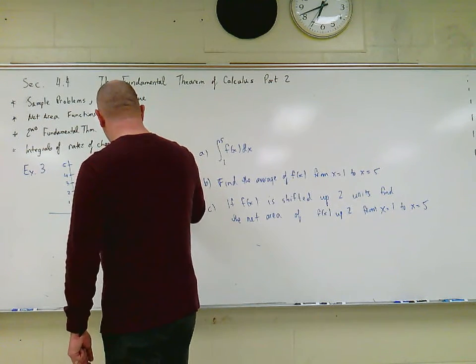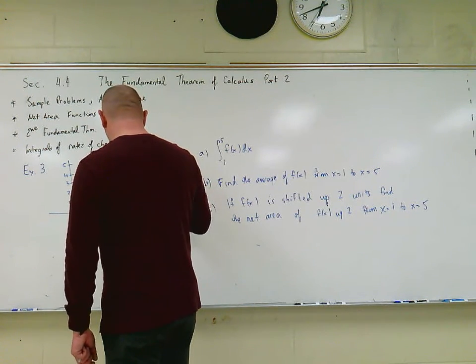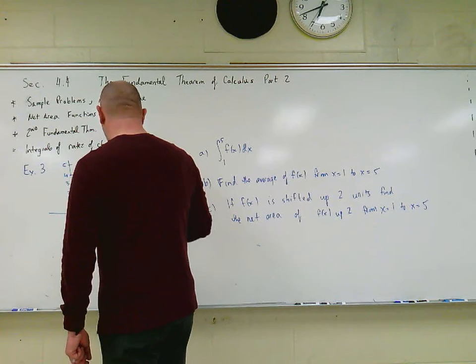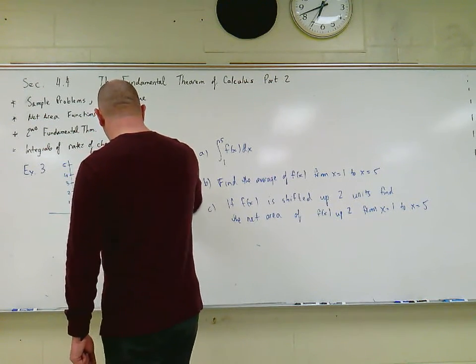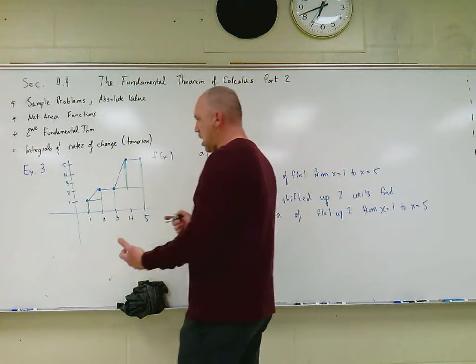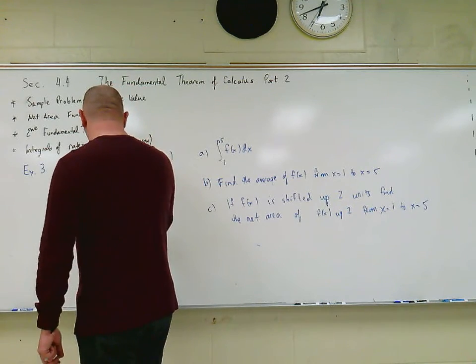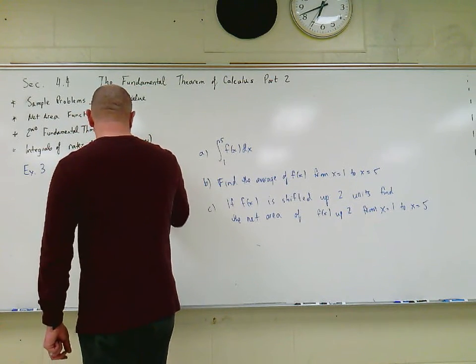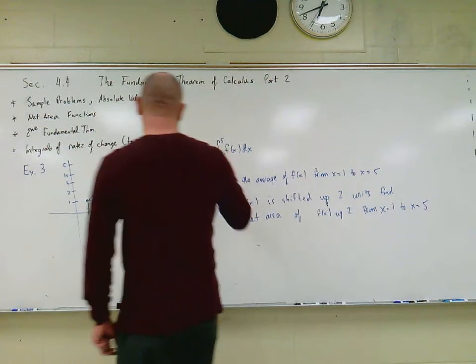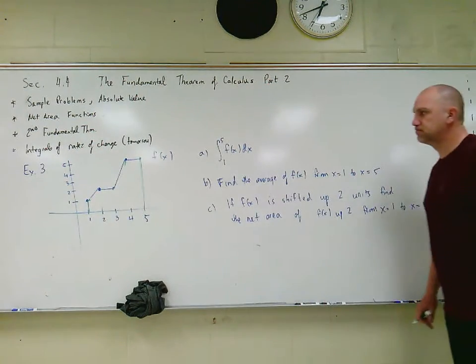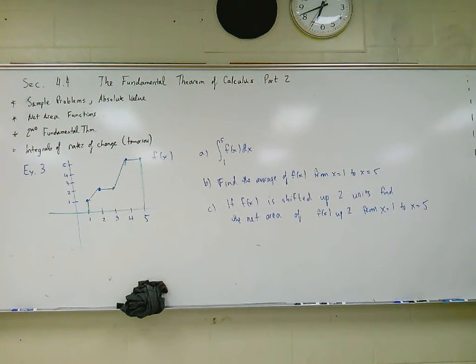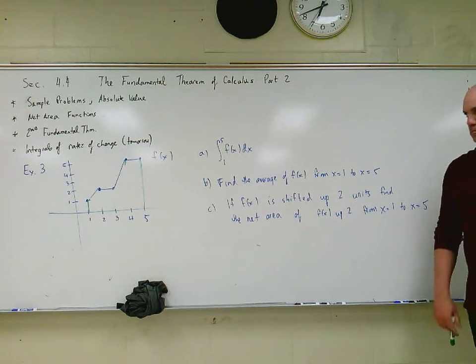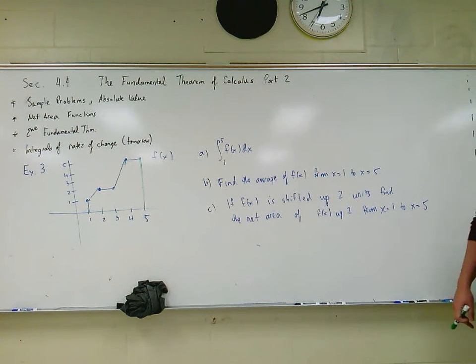There's a 2 by 2. There's a square. There's that rectangle. I don't know. However you want to do it, it doesn't matter. You got to find the area under the curve. That's what this is asking for. Okay. I'll show you what I would do, and then you can do it however you want.